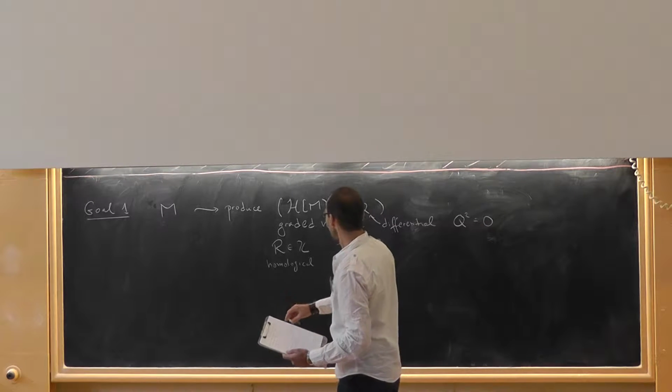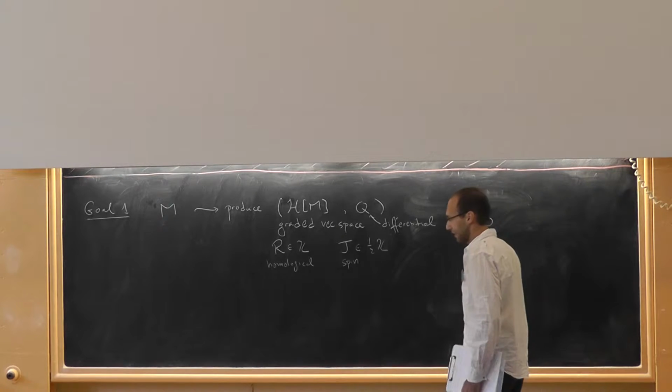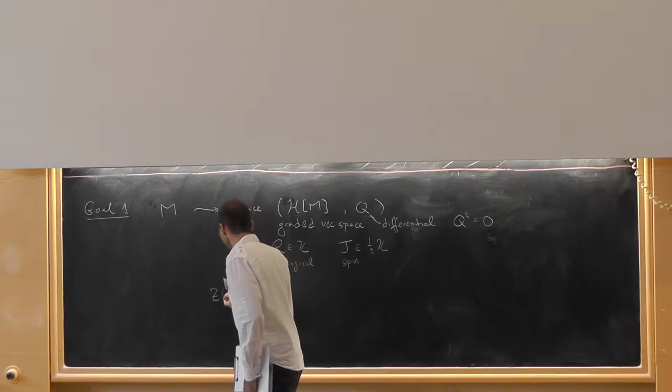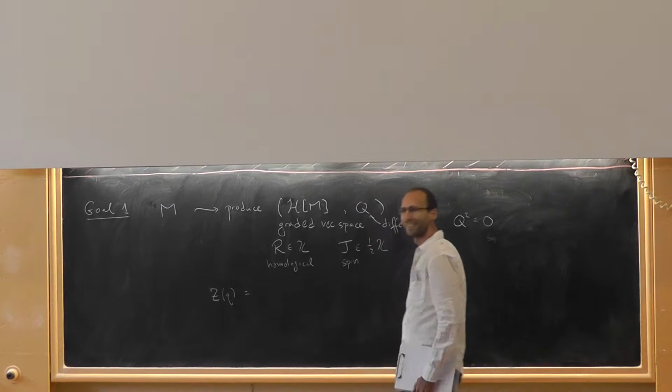So one thing one can do with this vector space is take its Euler character. How Q respects J? Right.